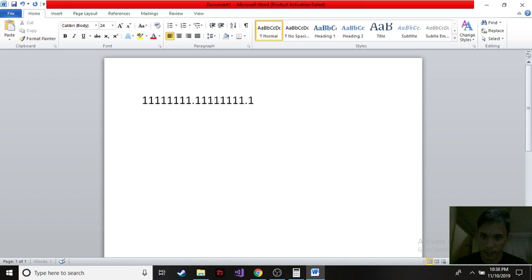Here we're going to convert it to a decimal subnet mask. So 8 ones is 255, 255, and 255. And then it should be 128 plus 64.